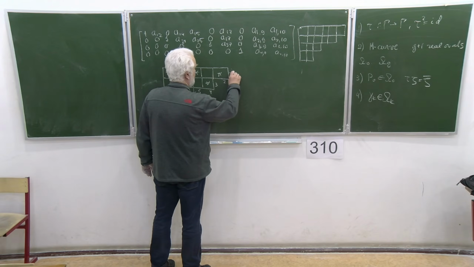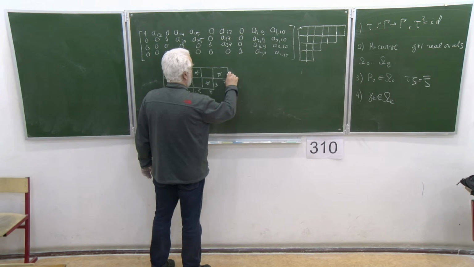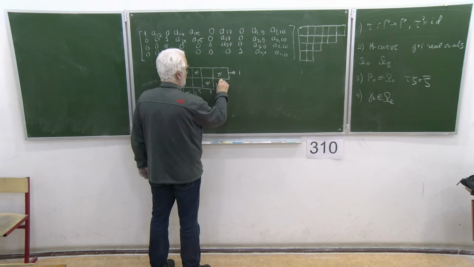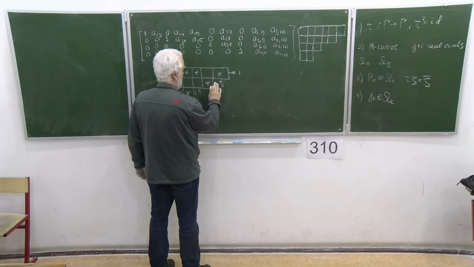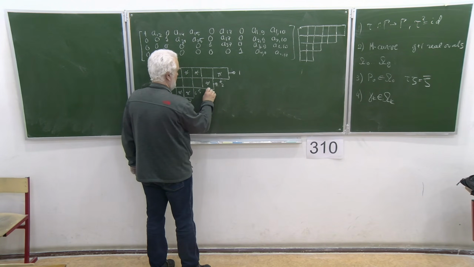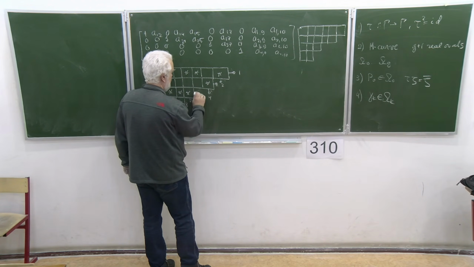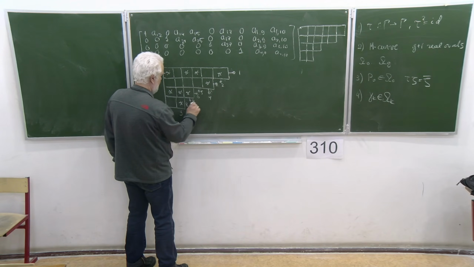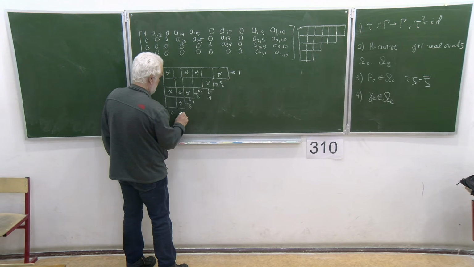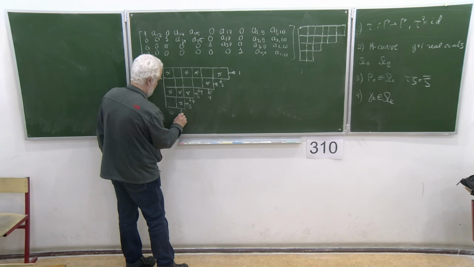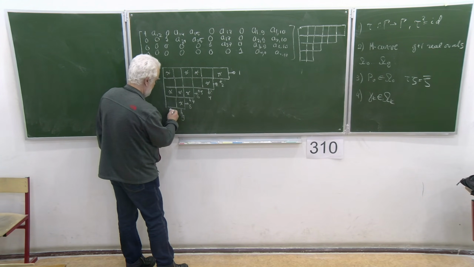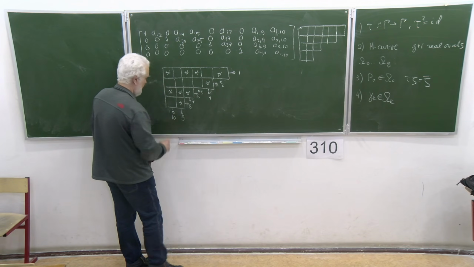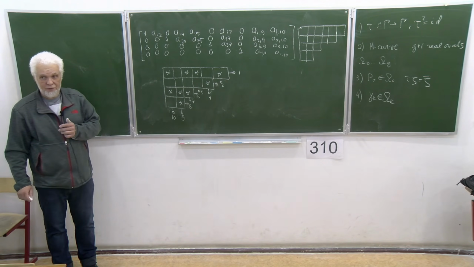Okay, let's draw 1, 2, 5, 6, 7, 8, 9, 10. We introduce boundary vertices.